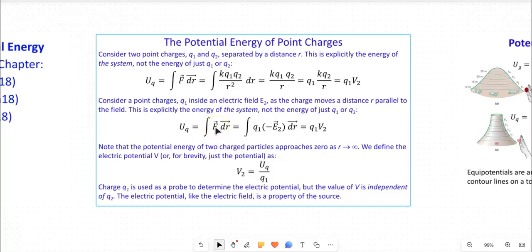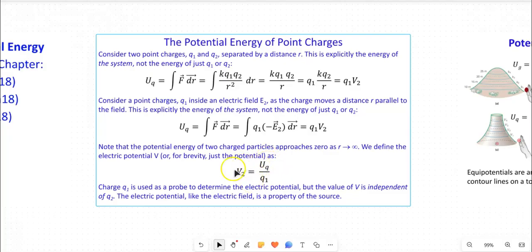With electric fields, though, the derivation is a little bit easier. Electric force is just Q1 times the electric field, across a distance. So for 111, it would be Q1 times negative E2 dr. And then when you multiply that out, that negative E2 becomes a positive V2, and you get the same thing.